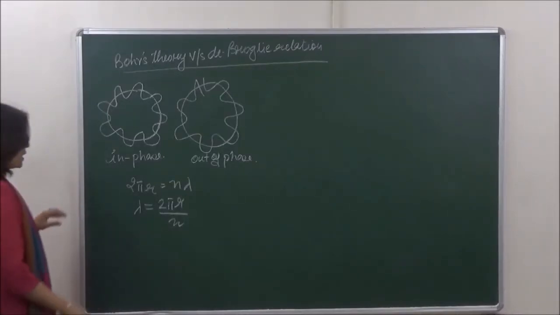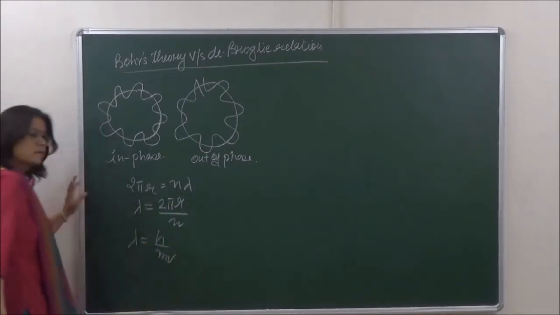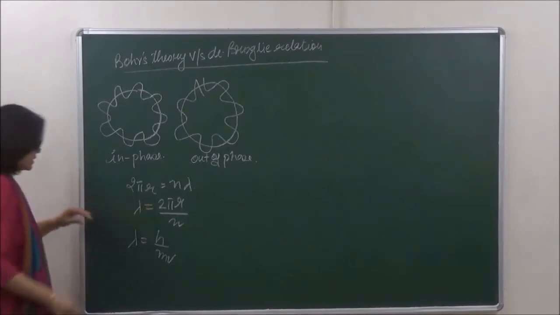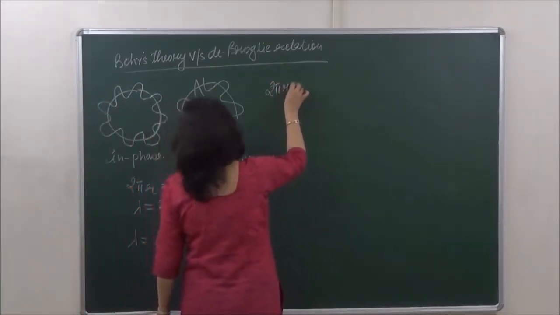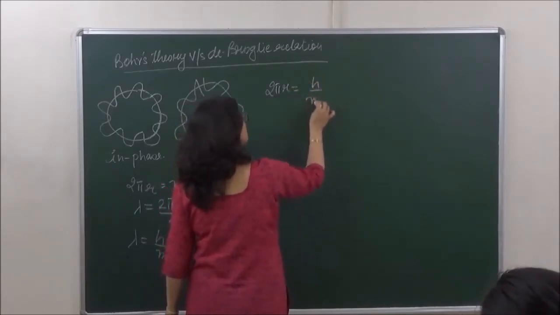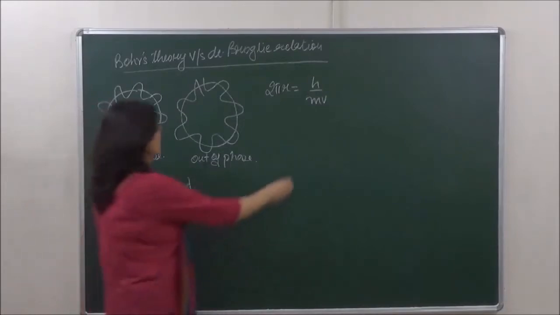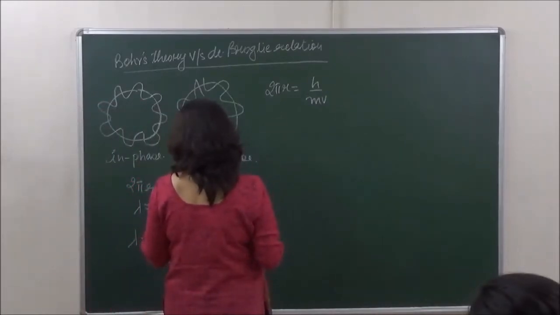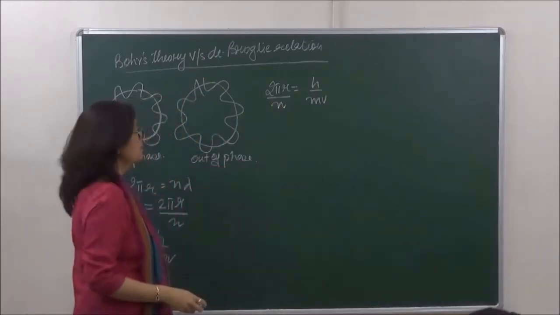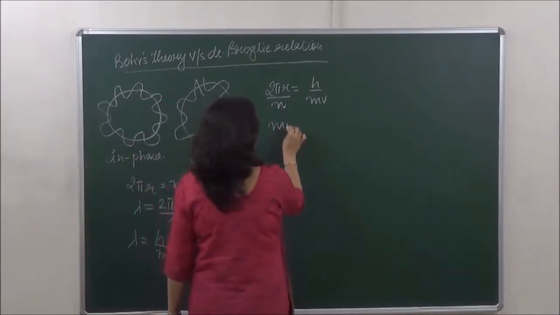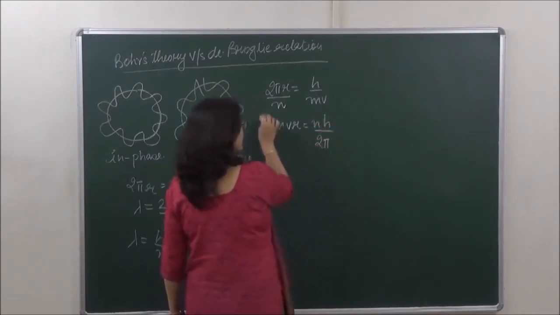Now from de Broglie's relationship, lambda is equal to h upon mv. So 2 pi r upon n is equal to h upon mv, or mvr is equal to nh upon 2 pi.